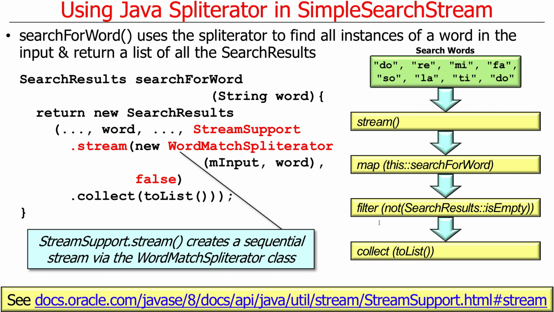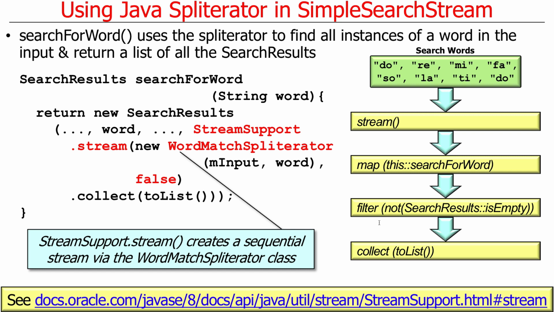And then, most importantly for this discussion, it says StreamSupport.stream new WordMatchSpliterator, which takes the input string and the word we're searching for, and it will create a sequential stream whose contents indicate all the places in the input string where this particular search word occurred, the index where it occurred. StreamSupport.stream returns a sequential stream, which we then collect into a list, and we stick it as the last parameter in the SearchResults constructor.